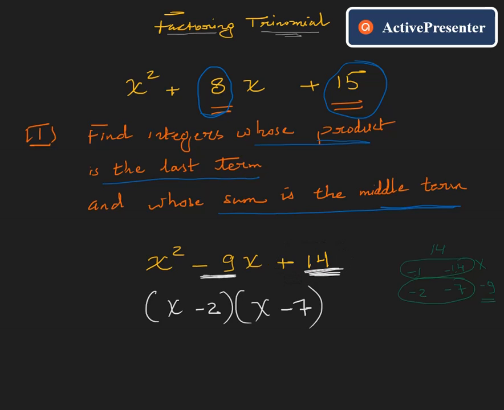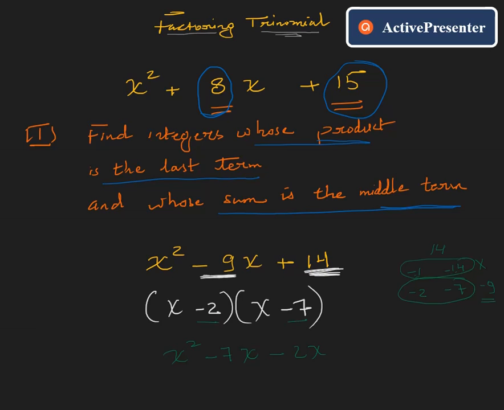To make sure that your answer is correct, multiply x by the distributive property into here, and minus 2 into here, and see what the answer is. So x multiplied by x is x squared. x multiplied by minus 7 is minus 7x. Now, minus 2 multiplied by x is minus 2x.